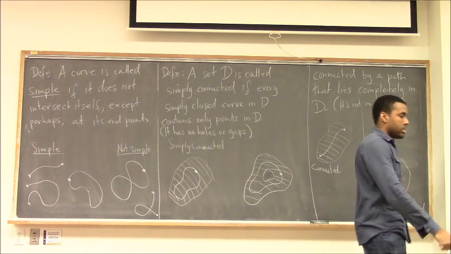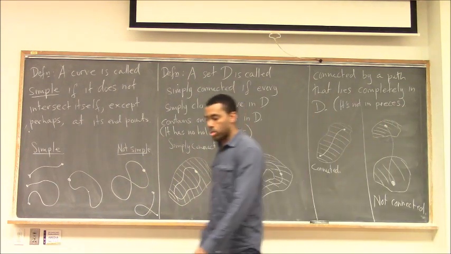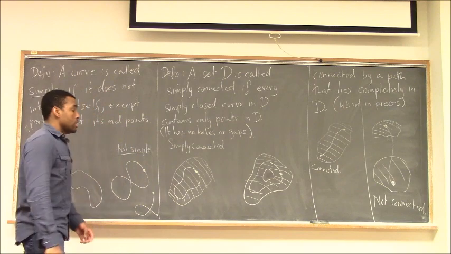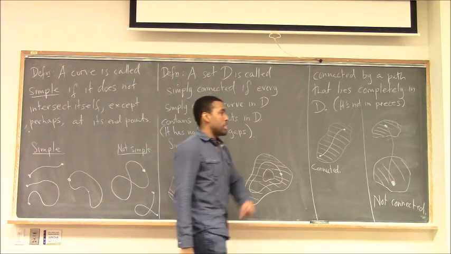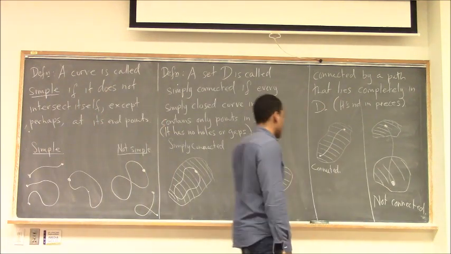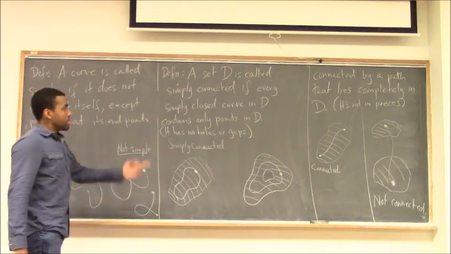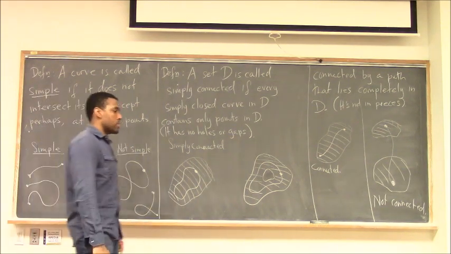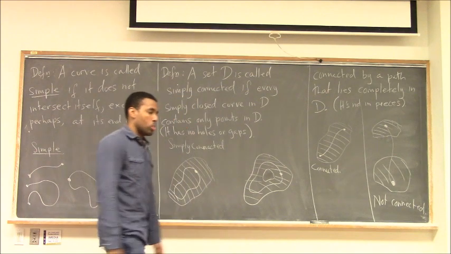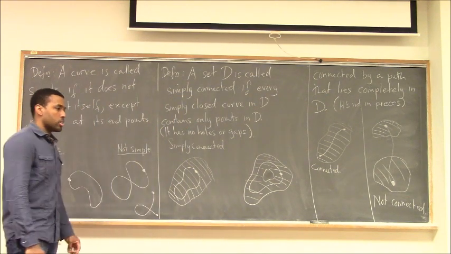Because that is something that will actually void our theorems that we're going to be using. There are things I'm going to tell you that if you're on a set that has holes that you can't connect without exiting the set, where simple closed curves don't behave this way, it turns out that the theorems will be wrong. They won't actually work in such cases.